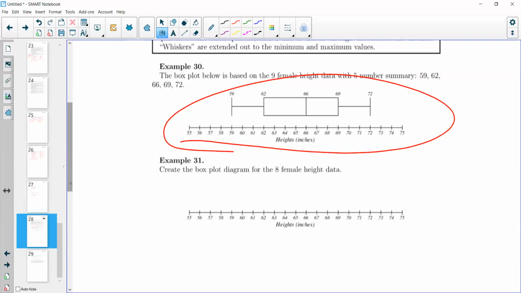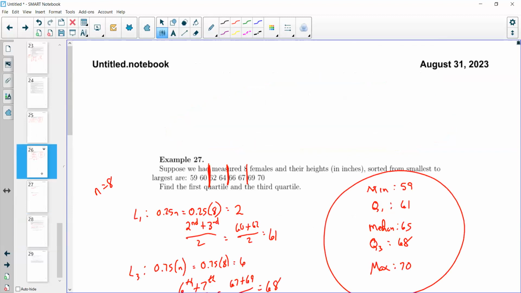What was Q1 for the 8 female height problem? The last one we did. Q1. Okay, 61, right? Q1, Q3.